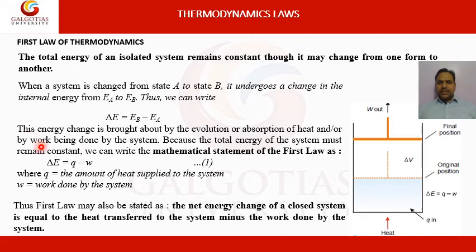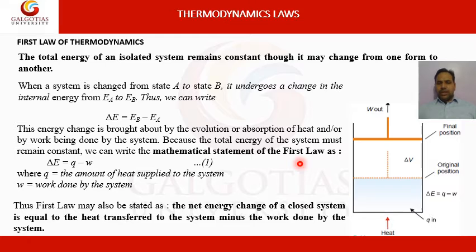So this energy change is brought about by the evolution or absorption of heat or by work being done by the system, because the total energy of the system must remain constant. We can write the mathematical statement of the first law as delta E is equal to q minus W, where q is the amount of heat supplied to the system and W is the work done by the system.